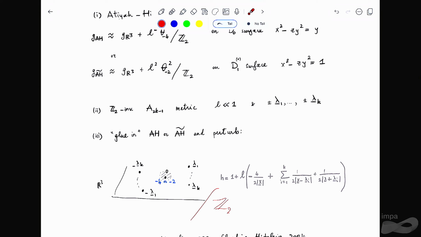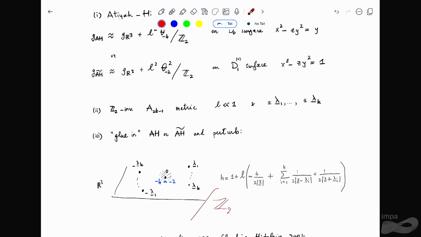This could be charge -4 or -2, quotient by Z2, and because you've chosen this charge and quotiented by Z2, near the origin things look like the infinity of this Atiyah-Hitchin metric. So you can imagine sticking this in, and to see a very small copy of Atiyah-Hitchin inside, you need this parameter L to be very small. If you fix the points or parameter L fixed, then the points are very far away.